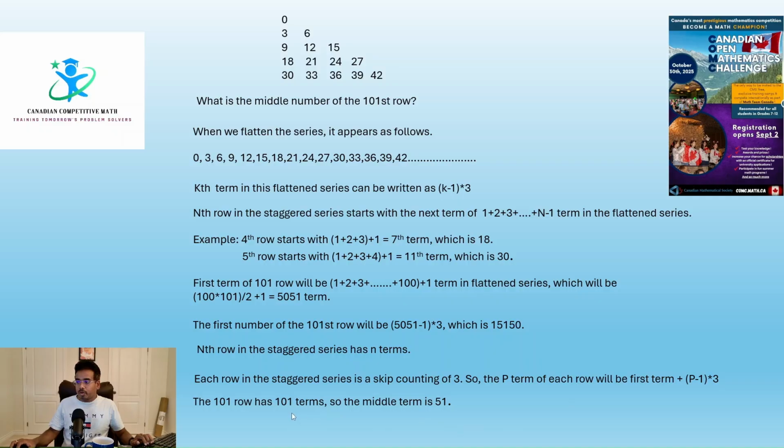Since we want the 101st row's middle term, we start with the first term of the 101st row, and the 51st term of the 101st row will be 15,150 plus 51 minus 1 times 3, which equals 15,300. So these are the kind of tricky questions that are asked in the Canadian Open Mathematical Challenge.